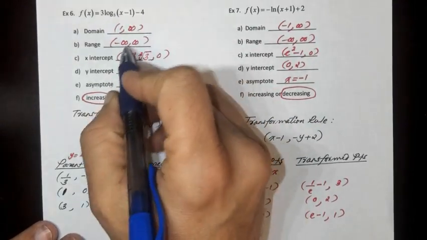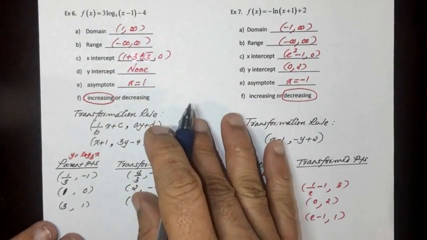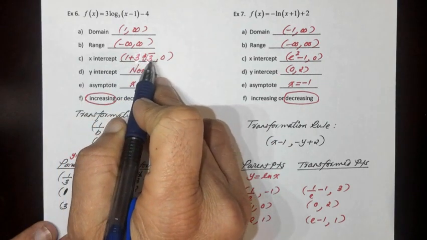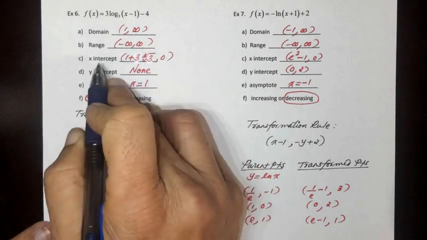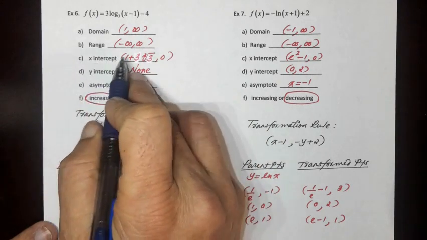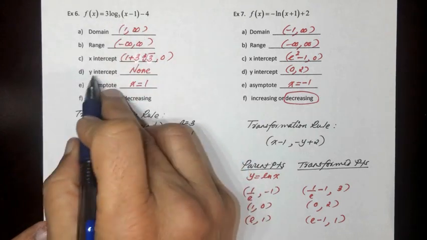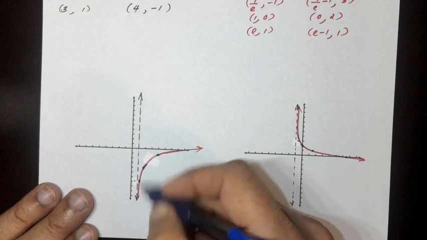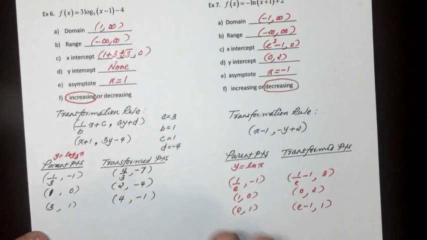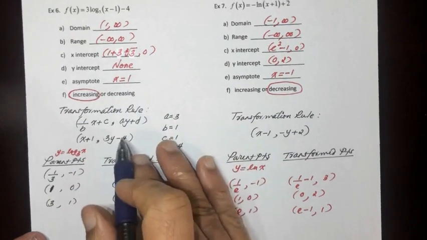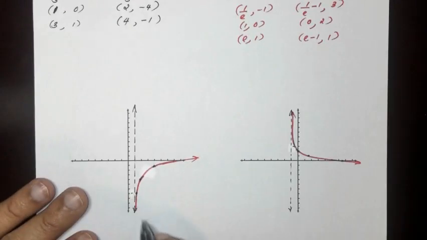The range is all real numbers. The x-intercept is (1 plus the cube root of 3, 0), which you can find by setting y equal to 0 in the original equation. There is no y-intercept, because the function never crosses the y-axis. The asymptote is x equals 1, vertical, and the function is definitely increasing.